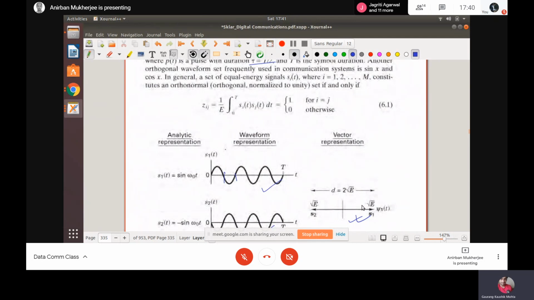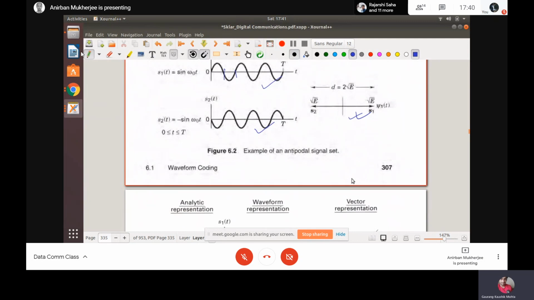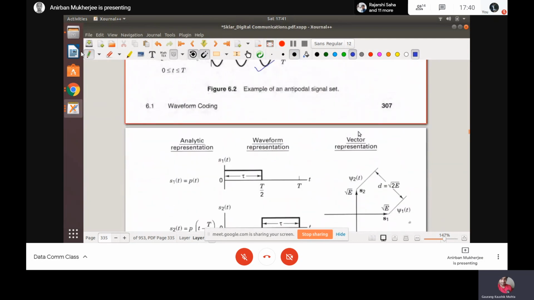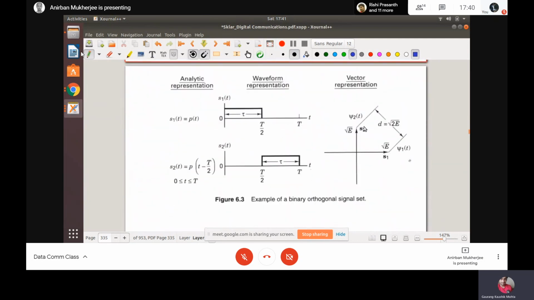That means I will generate good pulses. The basic point is that the pulses we are talking about in baseband, depending on the symbol, we are sending pulses. Now we will send the good pulses, and good is seen in the channel coding block. Say this is S1(t), I am sending this pulse.